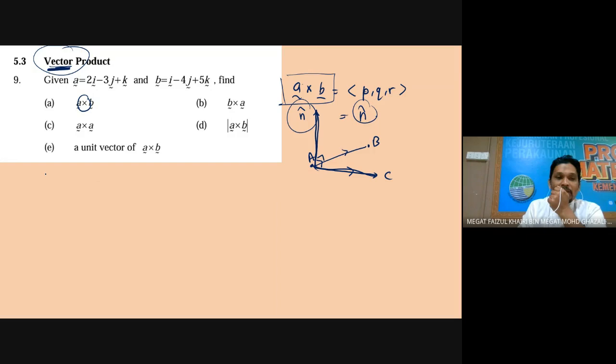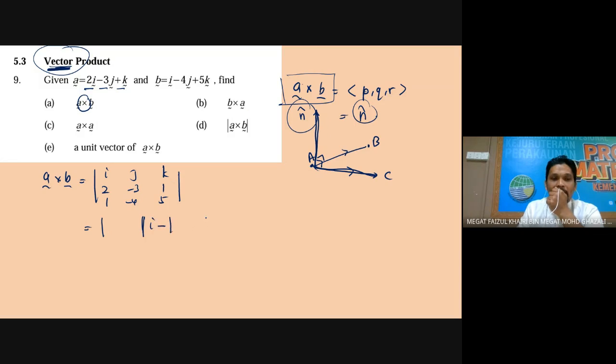Okay, so vector of A cross B equal to I, J, and K. So vector A first, we got 2, -3, 1. And then B, 1, -4, and 5. So we are going to come up with one by one, I minus J plus K. So this is positive, negative, and positive.